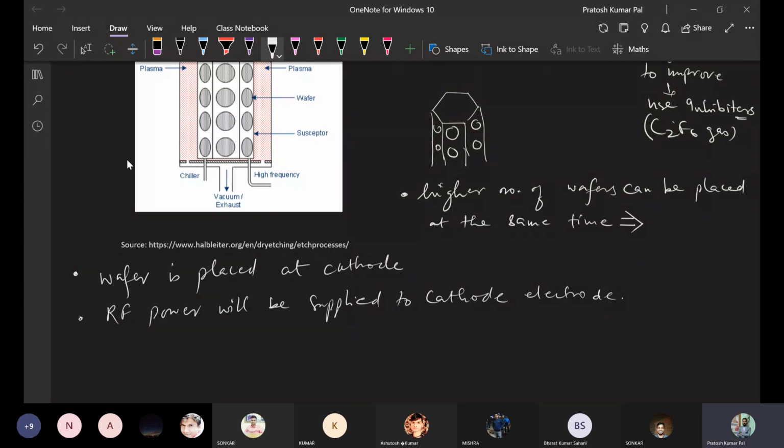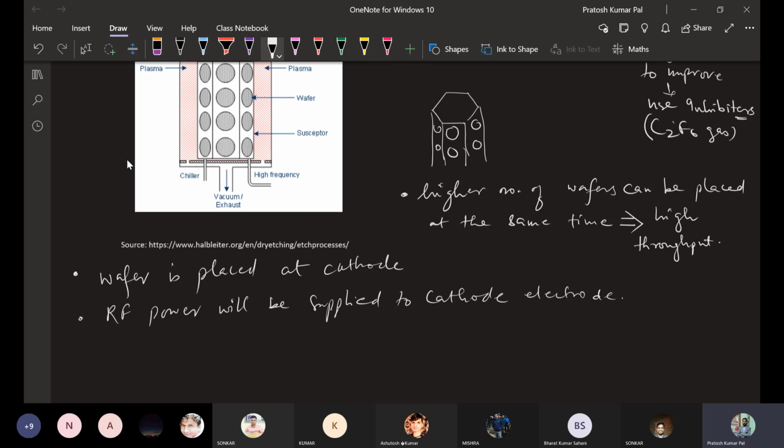What does it mean? It means it will have high throughput. That means in a certain time interval, a higher number of chips will be processed. Okay, so it will have high throughput.